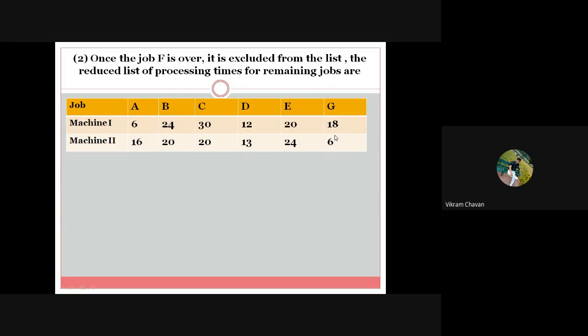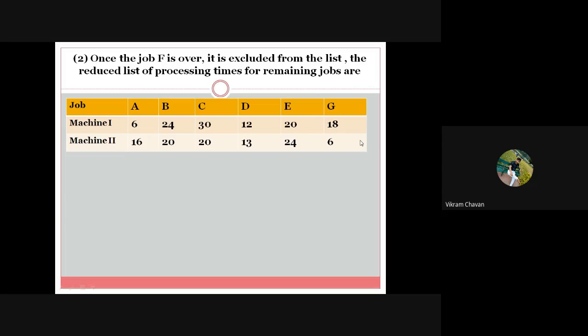But there will not be a tension about this particular point, because the A job should be given the highest priority because its processing time is related to the machine number 1, whereas the G job should be given the lowest priority because it is related to the machine number 2.